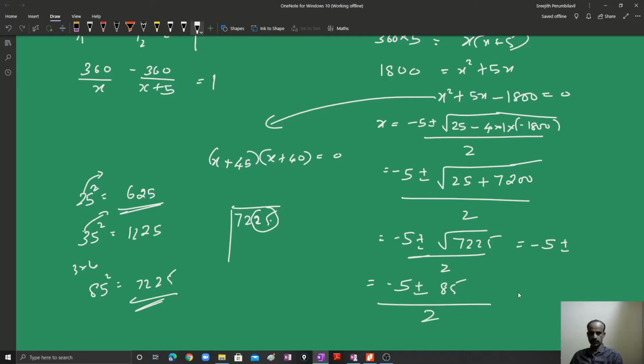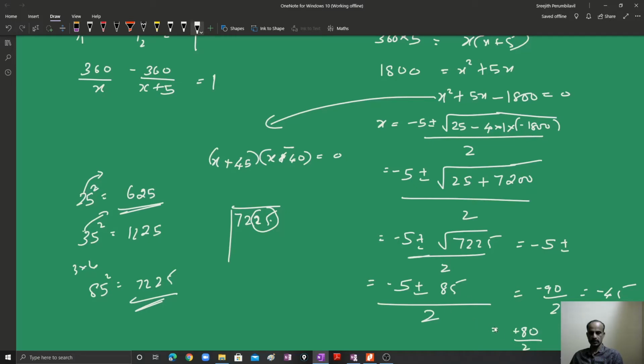Divided by 2, that is equal to minus 90 divided by 2. Okay, here I forgot one of them should be negative, right? One should be negative, because then only you will get negative. Minus 90 divided by 2, that is equal to minus 45, or this is equal to plus 80 divided by 2.